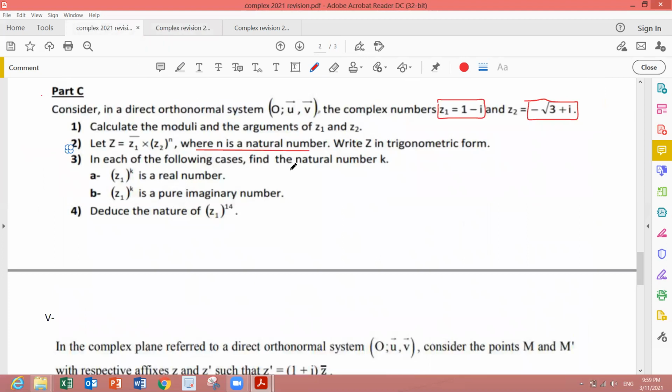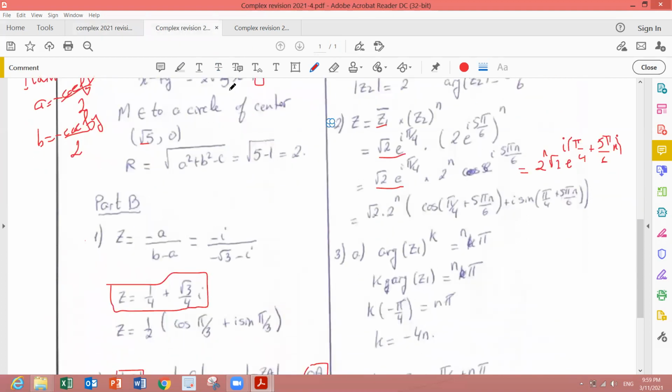In each of the following, find a natural number k such that z1 to the power k is real. For the complex number to be real, its argument is m pi. So I put the argument of z1 to the power k equal to m pi because it is real.